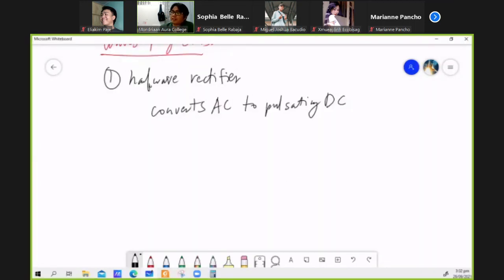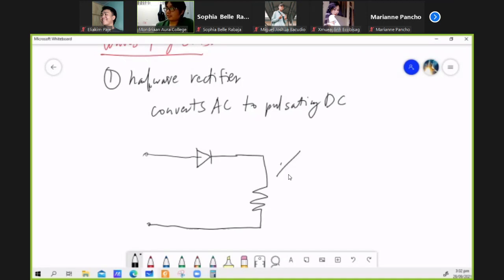Ang half-wave rectifier is composed of only one diode and we can use here one resistor. Okay? This is the basic circuit for a half-wave rectifier, but it is not always a resistance. Take note. This can be any load. Pwede yan ay maging regulator na, pwede maging capacitor, so on and so forth.